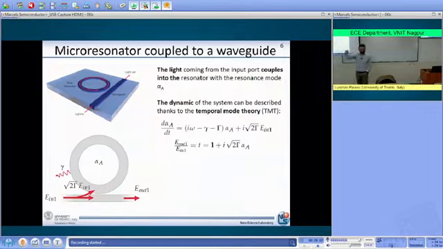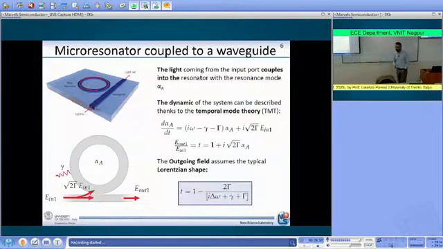The ratio between those two quantities gives us the transmission intensity of the bus waveguide. So if we compute the ratio, this is the transmission, and you see that this transmission is equal to what you had at the input plus what you are coupling into the waveguide. Okay? And so this gives the transmission.